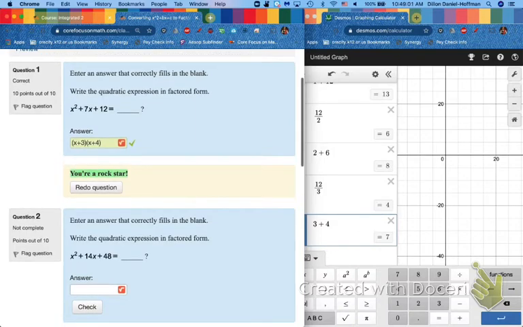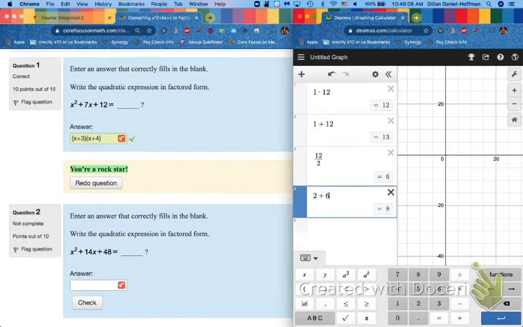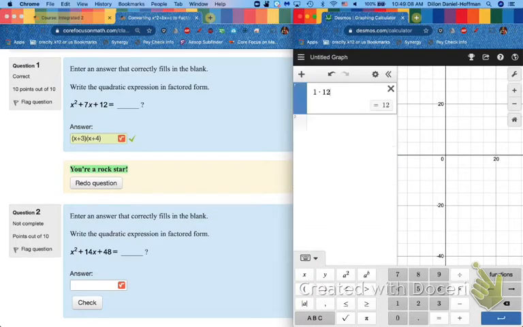Let's move on to round 2 of this game. What two numbers multiply to 48 and add to 14? Well, you could Google factors of 48, and that would also make this much easier. But I'm just going to say, all right, let's see here. Divide by 1, 48. 48 plus 1, does that give me 14? 2, 24. 24 plus 2, 14? 3 and 16. 3 plus 16 is 14?